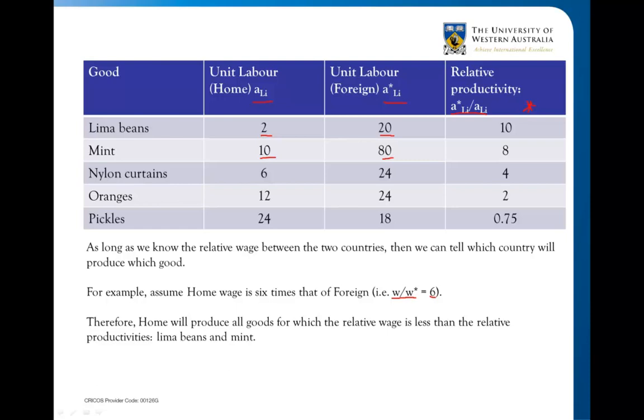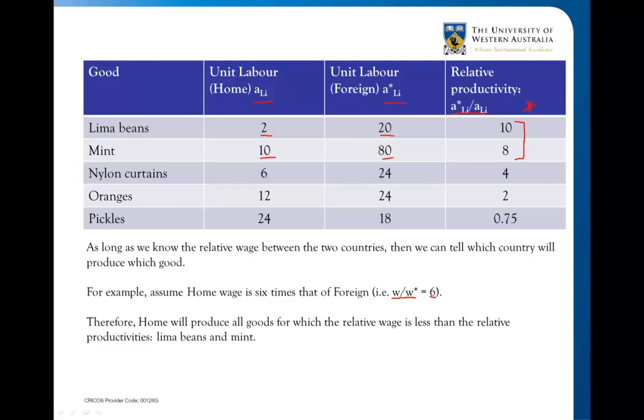So basically, home is going to produce all the goods for which the relative wage is less than the relative productivities. Here you can see if the relative wage is 6, that's less than the relative productivity for these two goods, lima beans and mint.